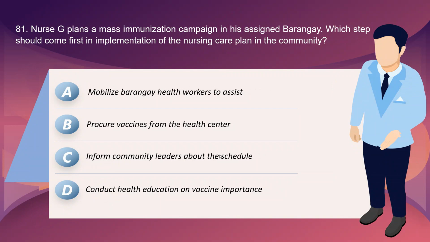That is part of the participation of the barangay, and it secures buy-in of barangay leadership, which precedes mobilization, supply utilization and education, and increases the uptake and trust of the project. After that, you are going to mobilize health workers to assist, procure vaccines from the health center, and conduct health education on vaccine importance. 81 is letter C, the first step.